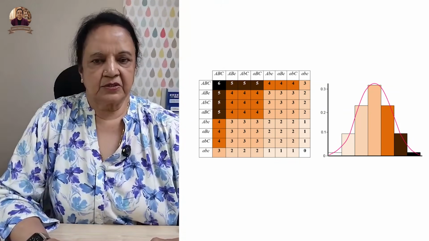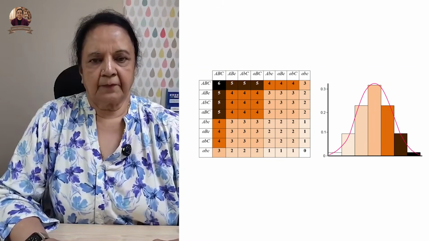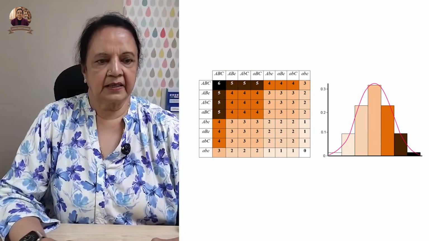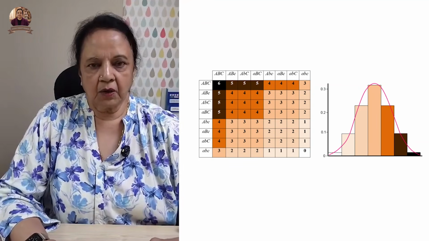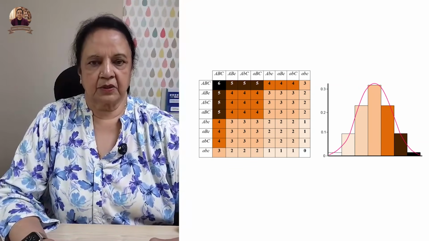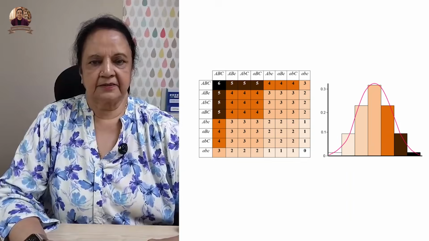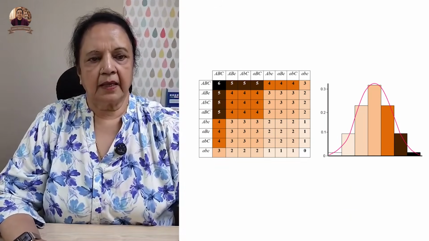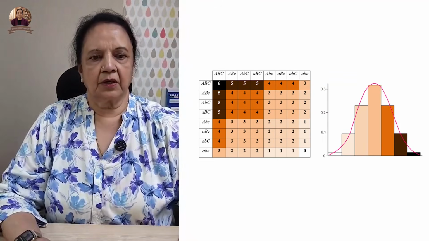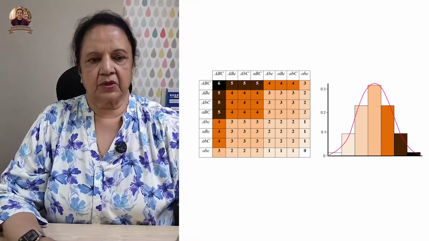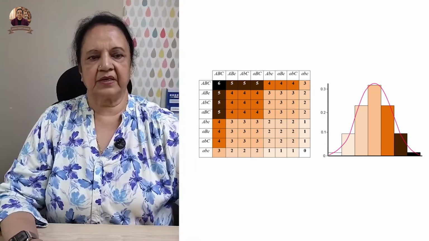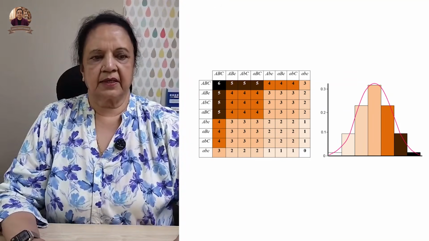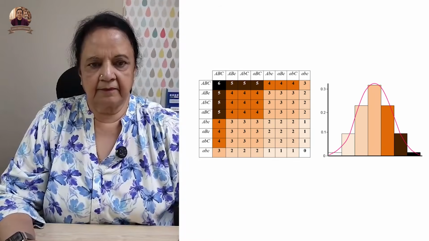A person with genotype AABBCC, all capitals, will have very dark skin because the person has all the dominant alleles. A person with genotype aabbcc, all in lowercase, that is all recessive, will have very light skin because it does not have any dominant allele.